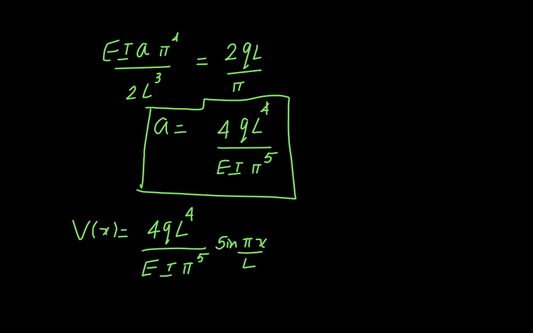So here we go. That would be 0.01307. So the final solution is 0.01307 into QL raised to the power 4 divided by EI into sine pi x over L.